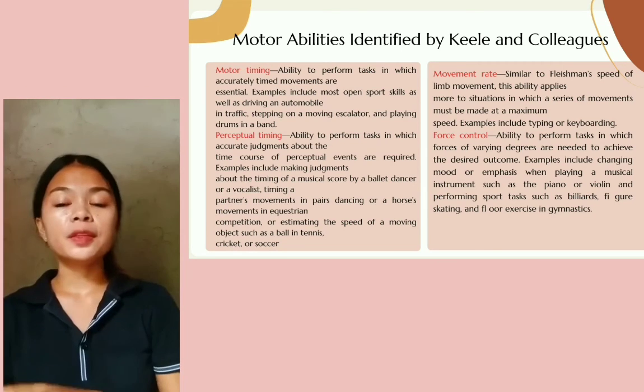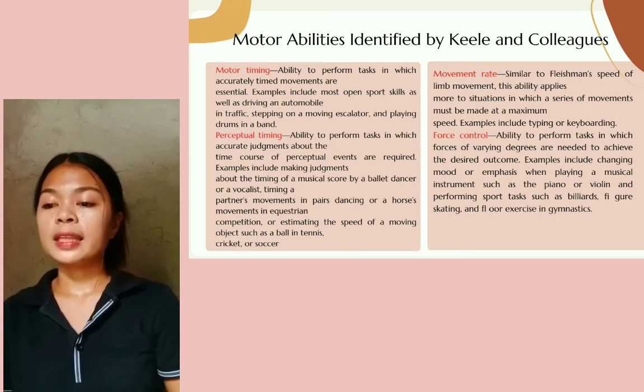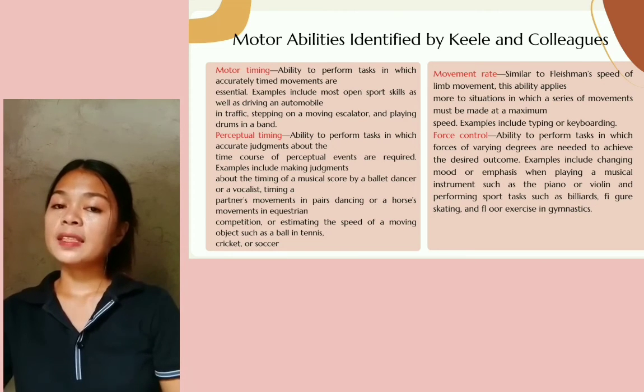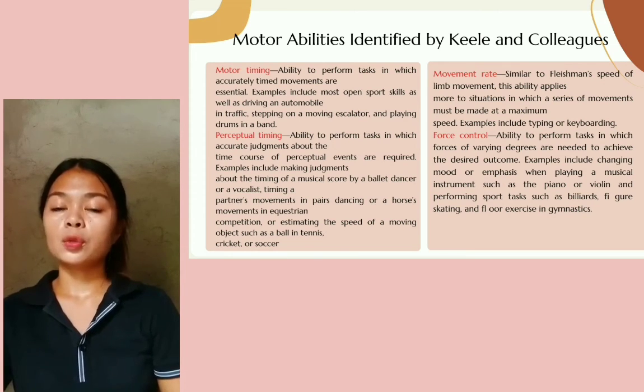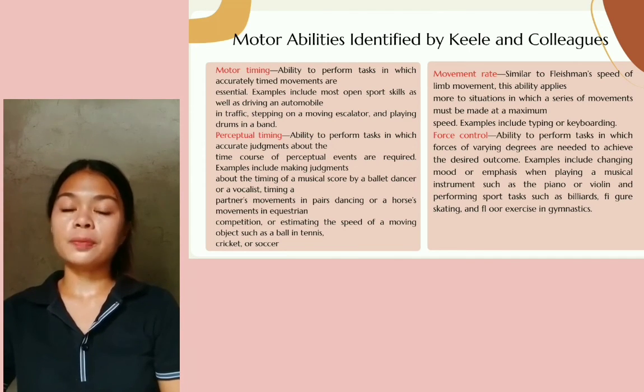Next is movement rate. Similar to limb speed of movement, this ability applies more to situations in which a series of movements must be made at maximum speed. Examples include typing on a keyboard.